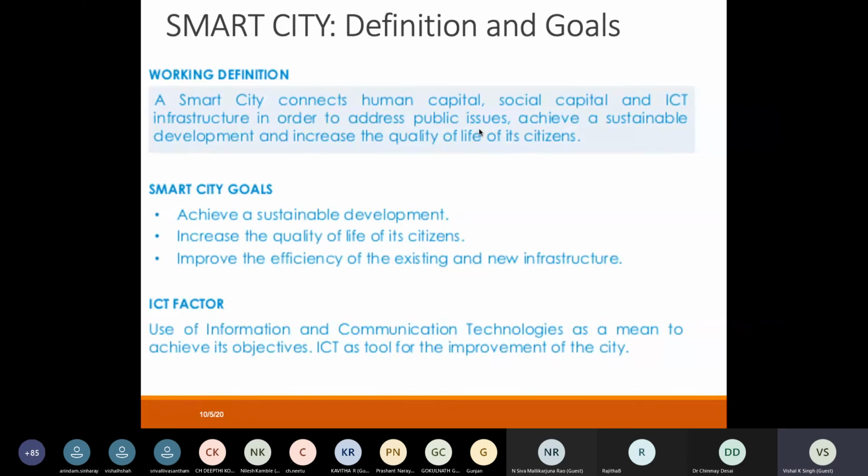Now, to understand the definition clearly, it is basically utilizing scalable solutions. When I say scalable solutions, I mean all the solutions which involve information and communication technology to remove, or it would be better to say, to minimize the issues of the urban world, or of the cities.